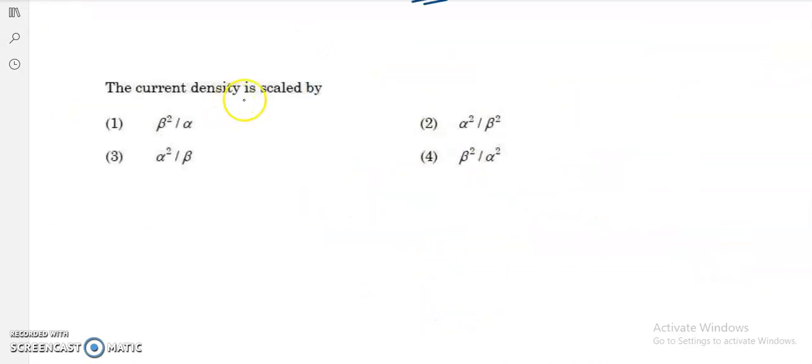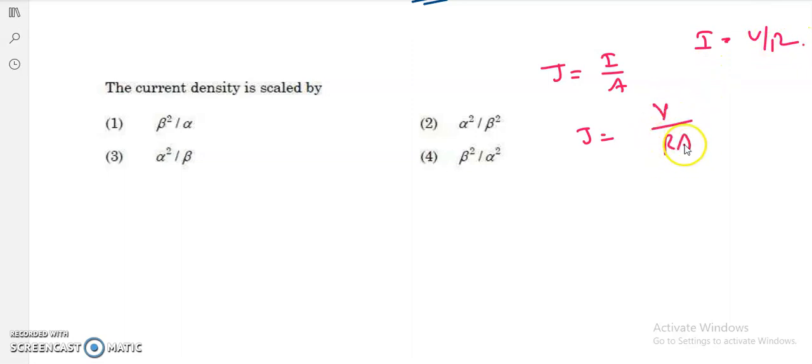Now they are asking about the current density, which is scaled by. Generally the current density formula is J equals I divided by A, and I can be written as V by R, so V divided by R into A. V is the power supply, so it has to be scaled by 1 divided by beta, and R is a constant, so just leave that one.